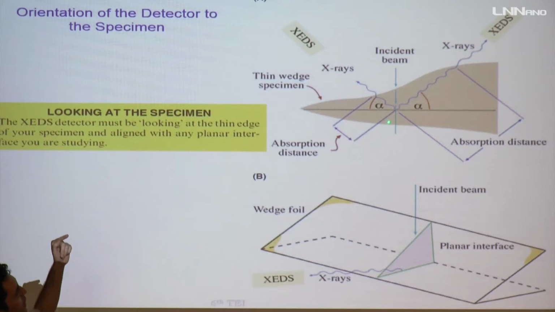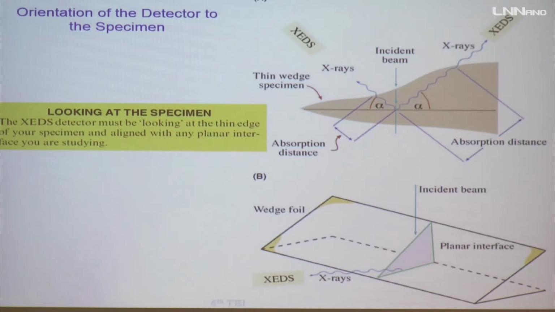If you strike your beam in this position and this sample is oriented away from your detector, you have all this distance to be traveled by the X-ray inside your sample before being detected. But if you position your sample facing the detector, you have a smaller path inside your sample.